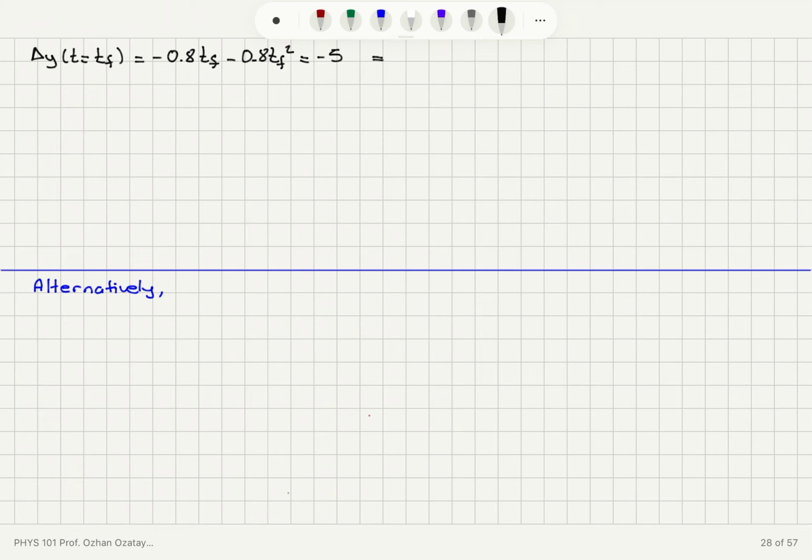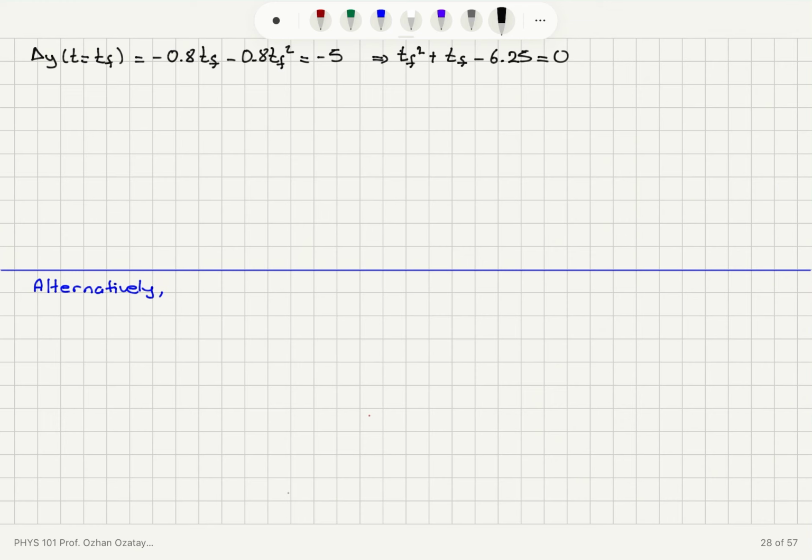And therefore, if we divide both sides by 0.8 and take the time to the right-hand side, we're going to have t final squared plus t final minus 6.25 equals 0. I have divided this equation by minus 0.8, taking the time to the right-hand side.